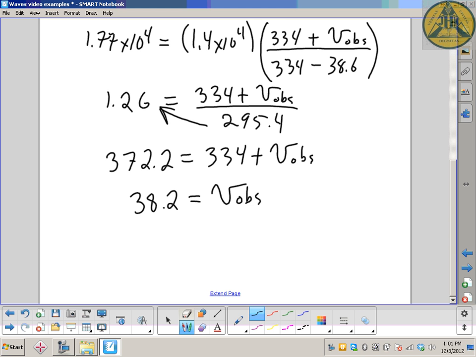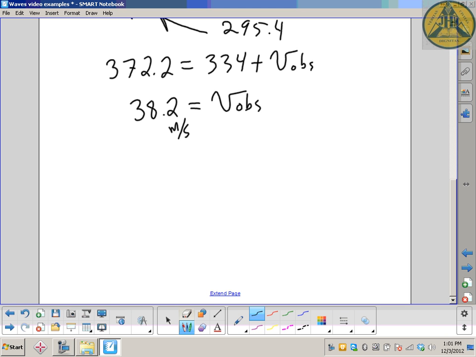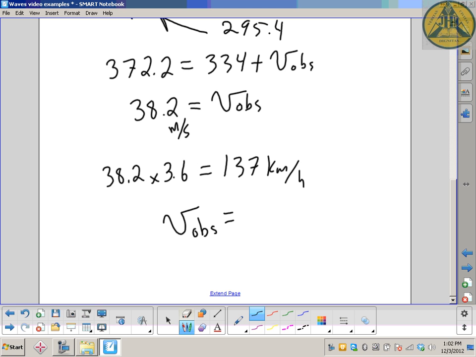Now that is in meters per second, and the question asks for kilometers an hour. So in kilometers an hour, I multiply that by 3.6. So 38.2 times 3.6 gives us 137 kilometers an hour. Right. Summarize it. Velocity of the observer would have to be 137 kilometers an hour.